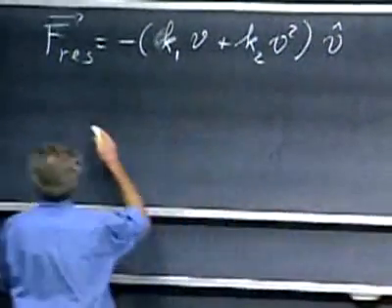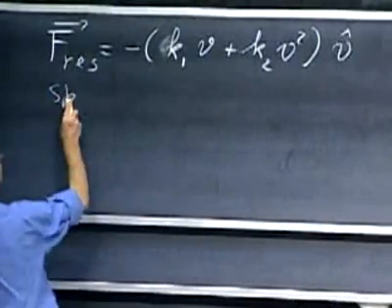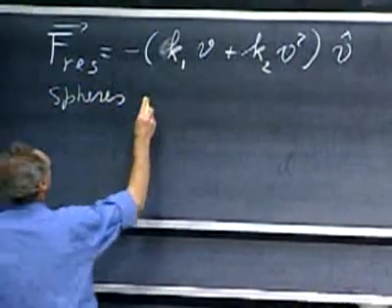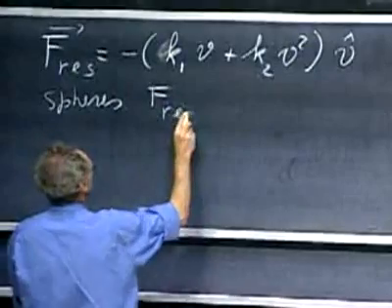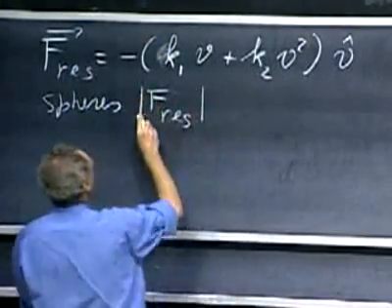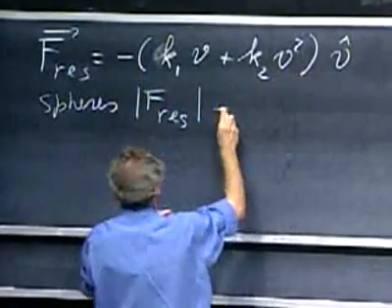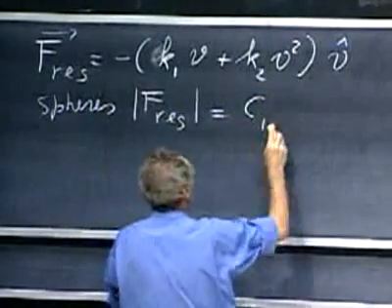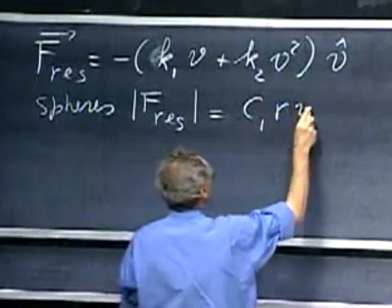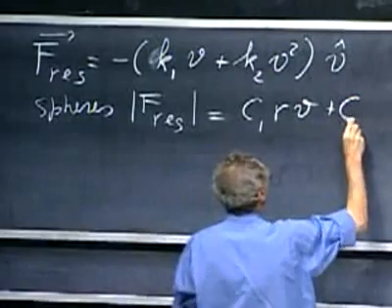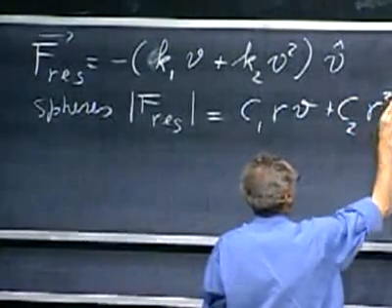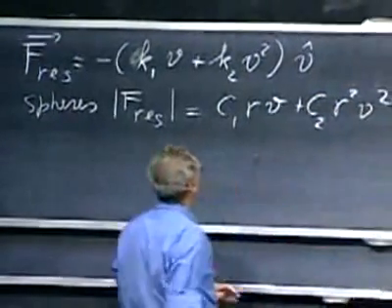And when we deal with spheres, the magnitude of the force equals C1 times R times the speed plus C2 times R squared times V squared.